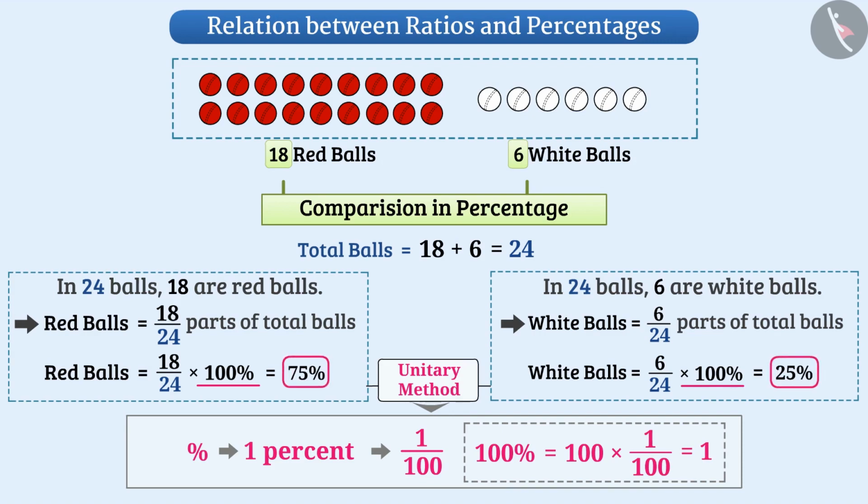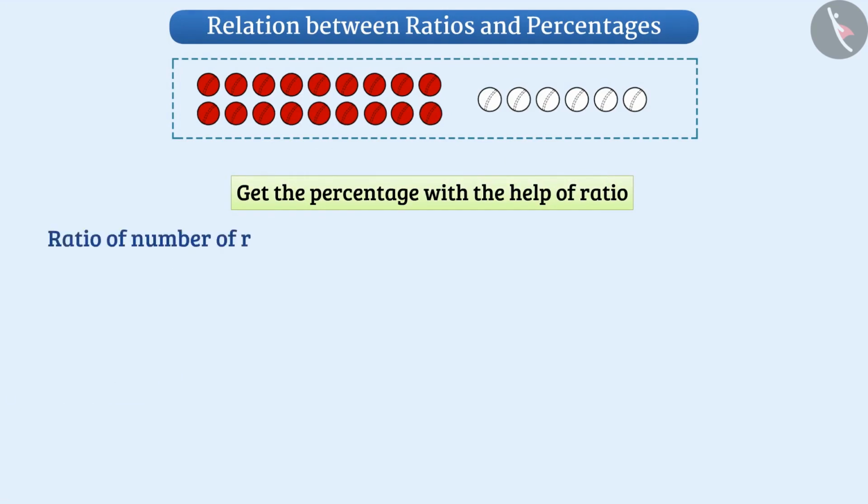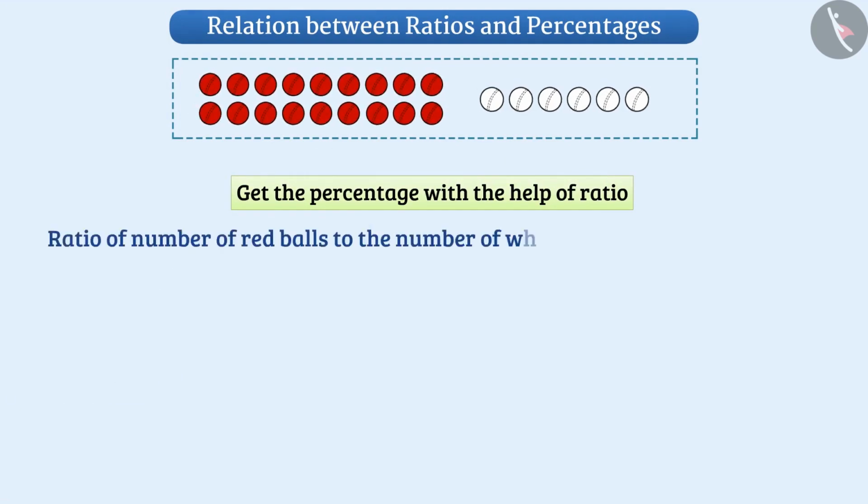It is not necessary that we must know the numbers to express in percentage. We can also get the percentage with the help of ratio. For example, here the ratio of the number of red balls to the number of white balls is 3:1.